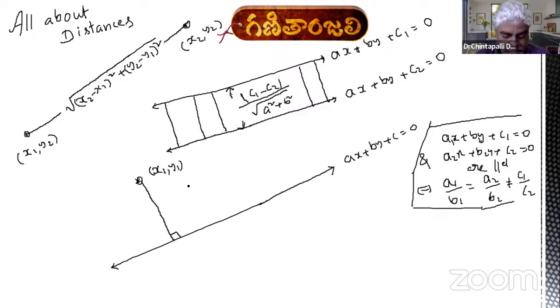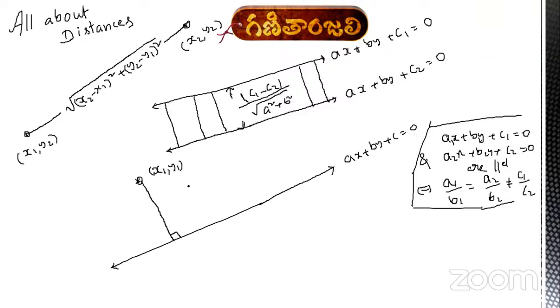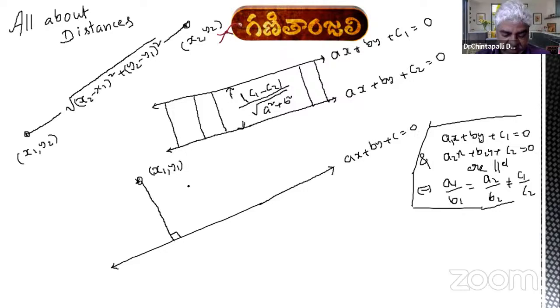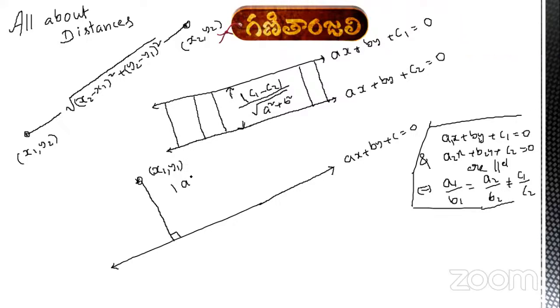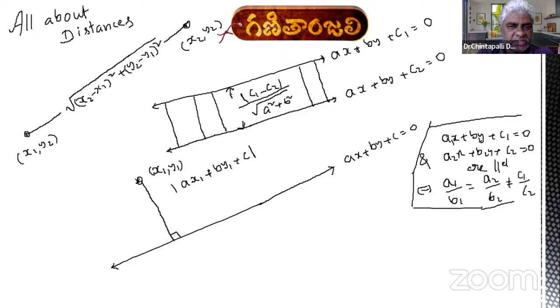Now, see, there is a formula for it. The formula for the shortest distance from a point to a straight line is the modulus of ax1 plus by1 plus c, right?